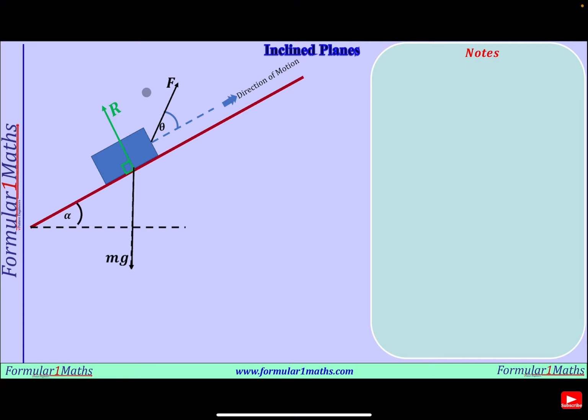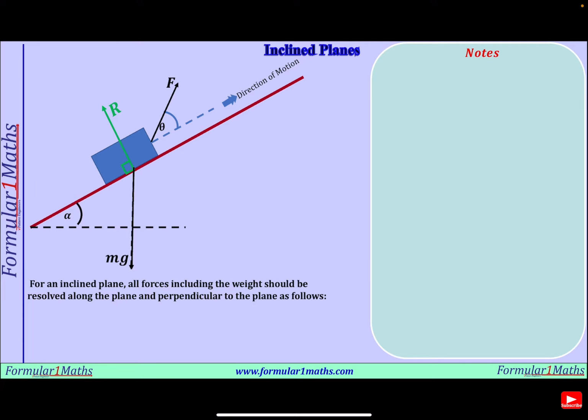So we need to resolve the weight. For an inclined plane, all forces, including the weight, should be resolved along the plane and perpendicular to the plane. So the force F can be resolved into F cos theta, which is along or parallel to the plane, and F sine theta, which is perpendicular to the plane.